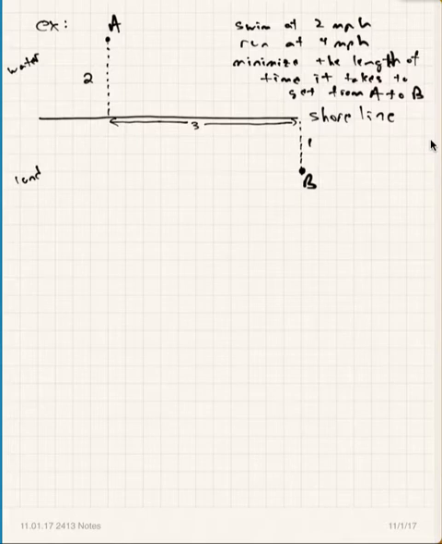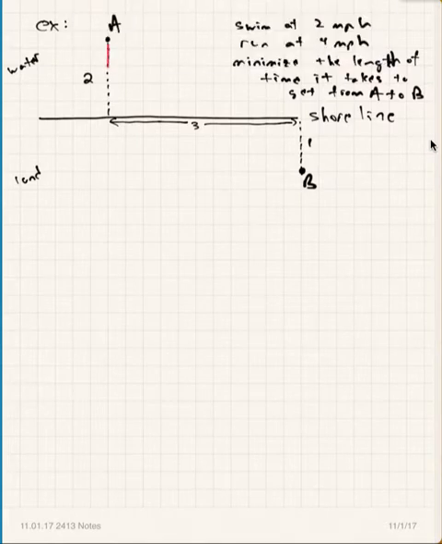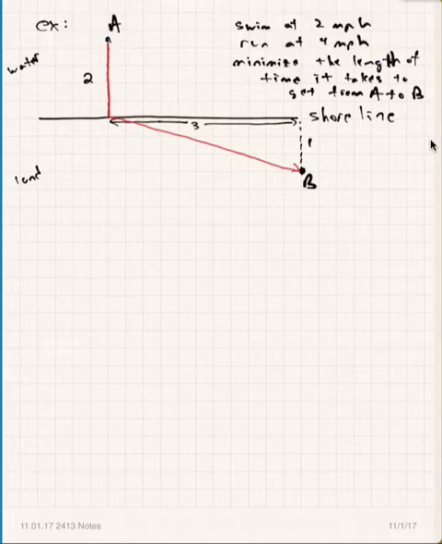What could happen here is the optimal solution could possibly be that you swim straight to the shoreline and then head to B and run that way. That's a possible solution to the problem. Now, there could be a better solution. A better solution possibly would be to swim to a point somewhere in between and then run. Notice that that's a shorter distance right there in blue.